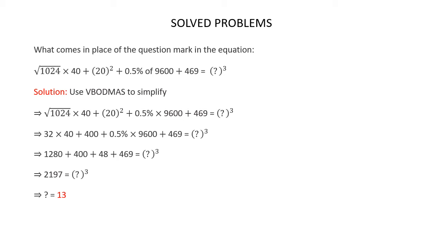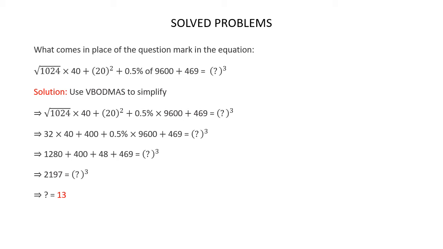Now you use BODMAS to simplify. The order of the operation has to be strictly followed according to the BODMAS rule. Now first write multiplication sign in place of 'of'. So you have 0.5% multiplied by 9600.